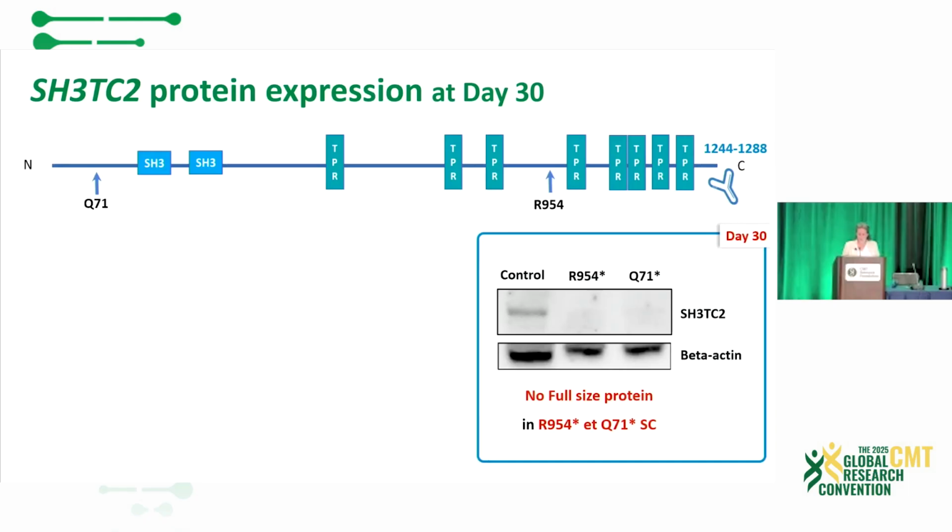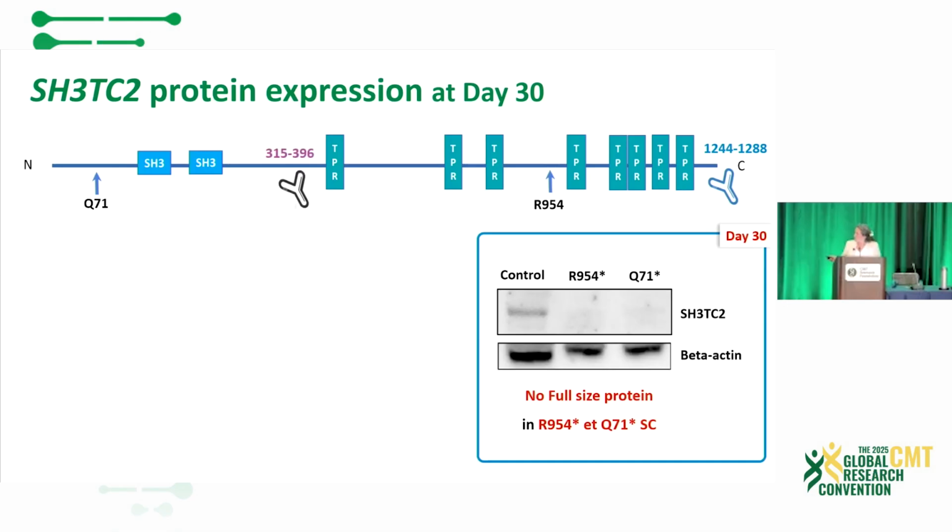Now for protein, what do we have? I show you here the SH3TC2 protein, the two mutations we are interested in, and the antibody we used to perform Western analysis. In control, we have the SH3TC2 full size as expected, and we do not have the full size in the mutated cells, also as expected.